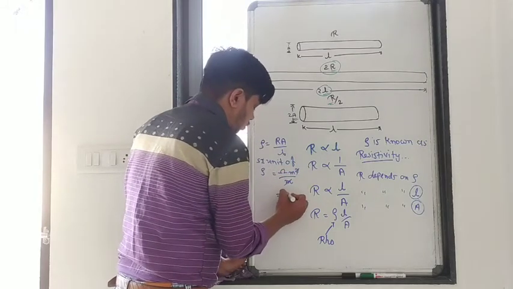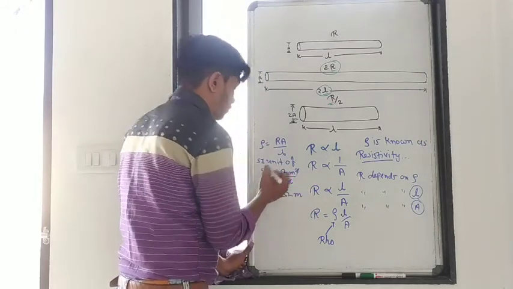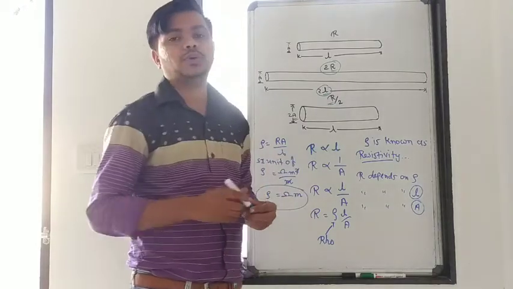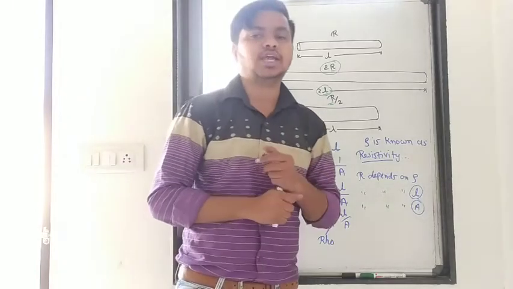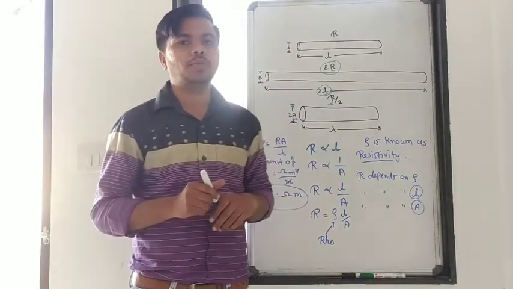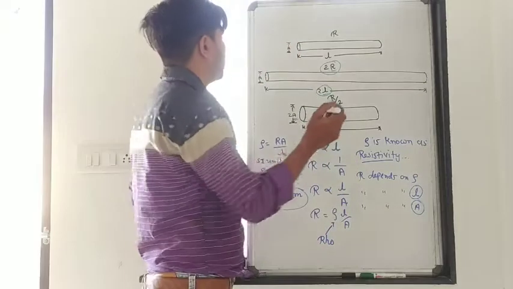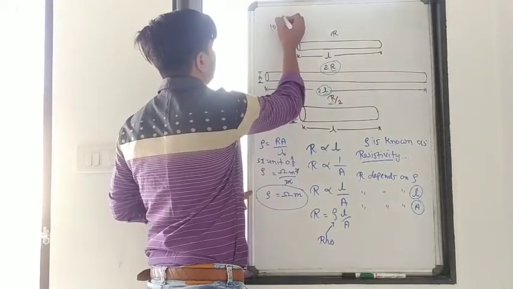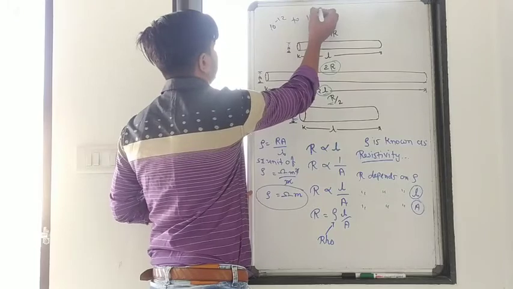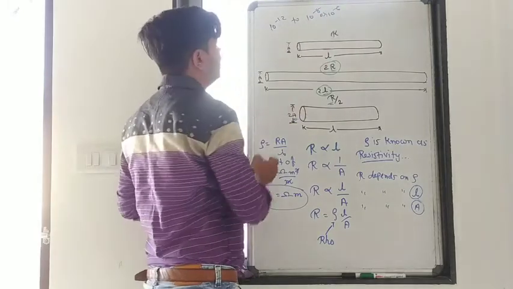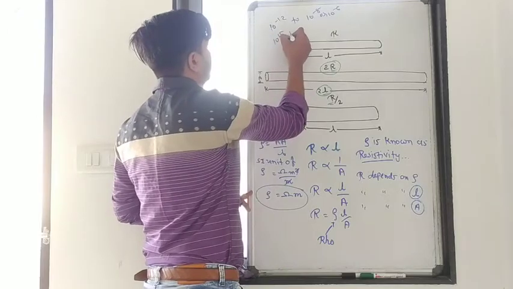Meter cancels out, so it's ohm into meter. So the SI unit of resistivity is ohm meter. Generally for a conductor, it's from 10 raised to minus 12 to 10 raised to minus 8 or minus 6, but for an insulator, it is higher.